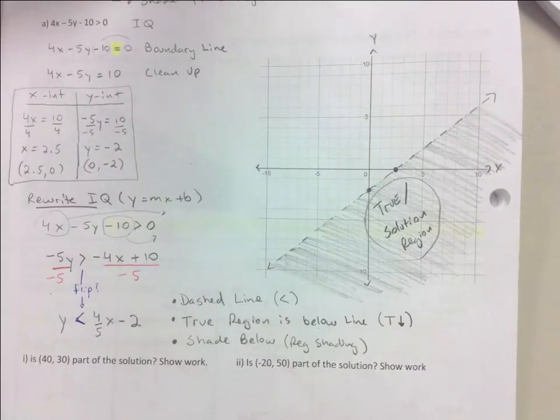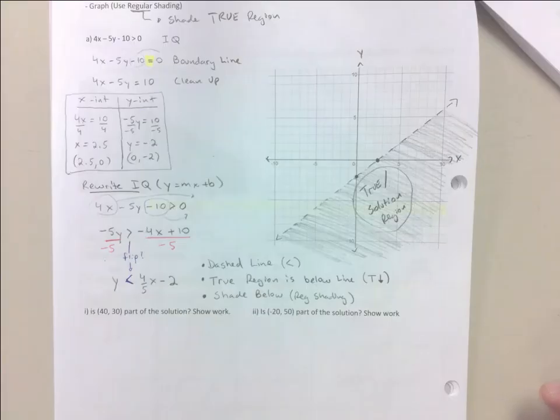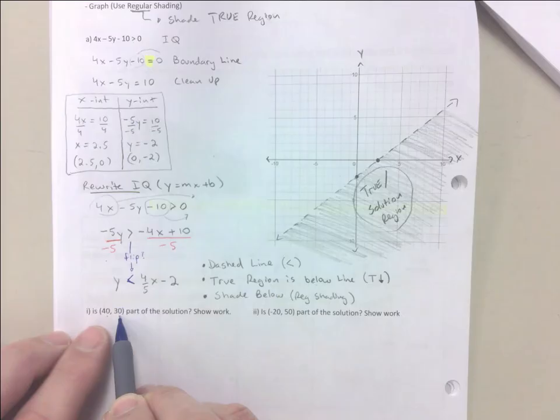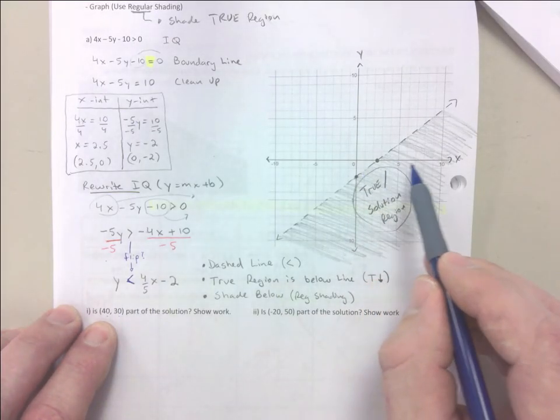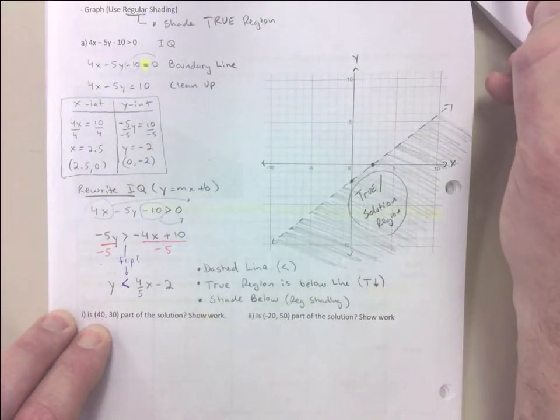Okay, so let's imagine for a second I did not give you a graph and I asked you, is 40/30 part of this, is it a solution to this inequality? Where is 40/30? 40/30 is way over here, 40, and then 30 would be way up there somewhere.